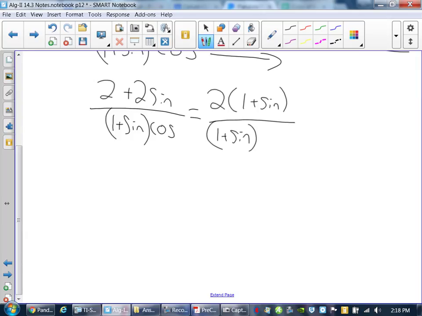Yep, and the reason that I can simplify it out is because it is a term, because it's being multiplied via the parentheses. And then cosine flips up, and you seek and destroy it.